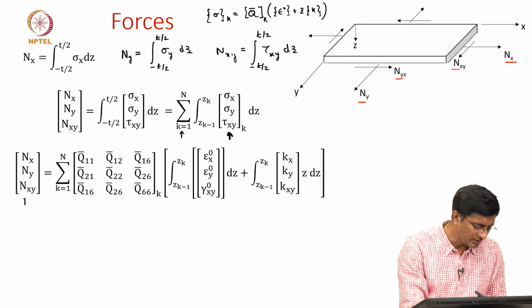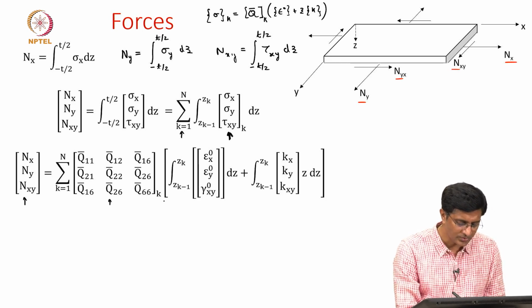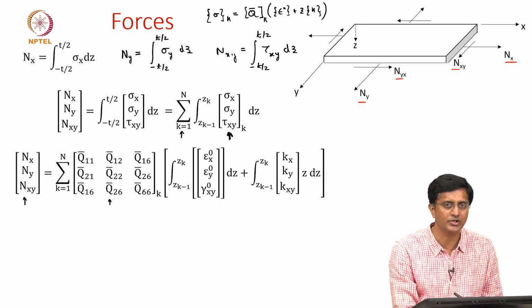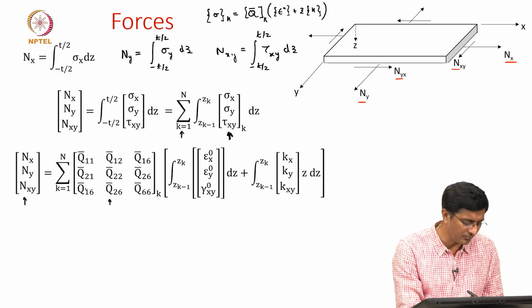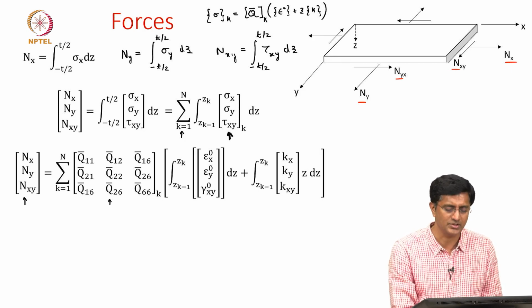So we now write these forces as a summation of the Q matrix. This Q matrix we have taken out of the integral because it's not a function of z. But we have kept it within the summation because for each layer these Q values change.